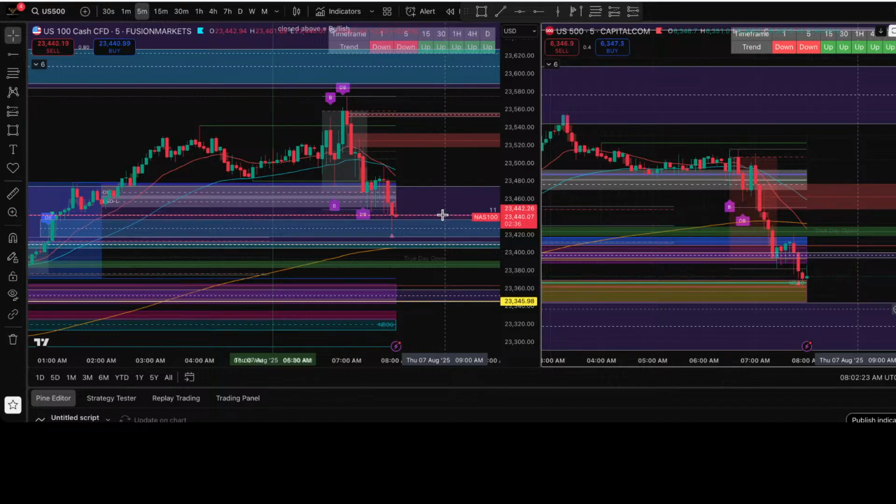Markets seem to be paused up here. We want to see a retracement back to the 20 EMA at least. Hasn't left any other fair value gaps here.